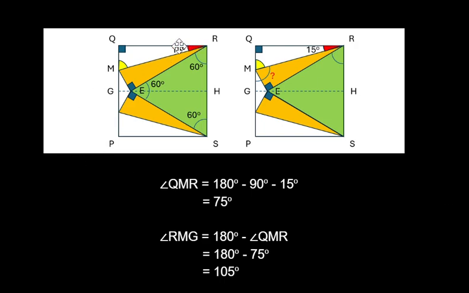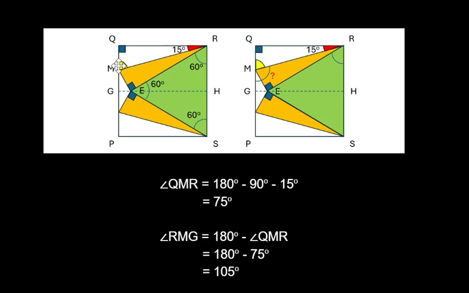Now remember these two angles are the same. So I can safely say that QRM is also 15 degrees because we found that MRE is 15. If I know this is 15 degrees, this is a right angle triangle, and this is 90 degrees, I can find this yellow portion, which is angle QMR.